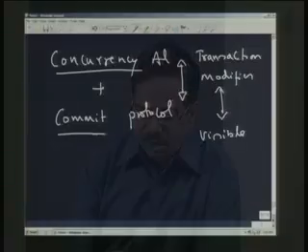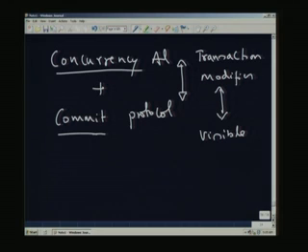If the modifications are visible as the transaction modifies them, it is going to create difficulties in terms of other transactions reading values which are not yet committed on the database. So, both concurrency and commit protocols have to work together, and we are going to explain in the next few minutes how exactly the commit protocol works along with concurrency control algorithms.